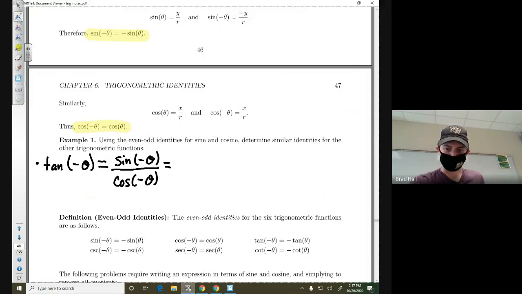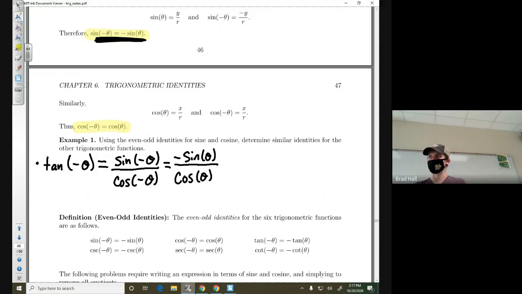The numerator, well, we've already derived that one. It becomes negative sine of theta by that even-odd formula. And then that is divided by cosine of theta. Notice for the cosine one, the negative sign disappears because we just derived that one.